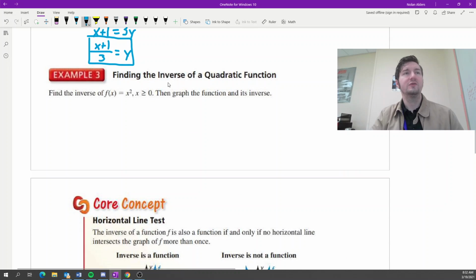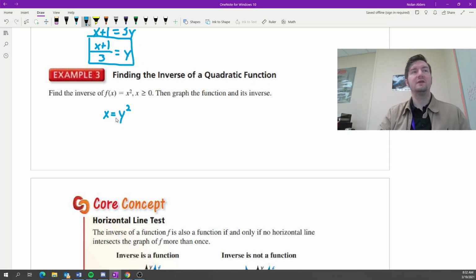Let's find the inverse of a quadratic function. So we have this function f of x equals x squared. Let's find the inverse of that function. So again, we'll replace the f of x with an x and the x with a y. So we'll have x equals y squared. Then we want to solve for y.